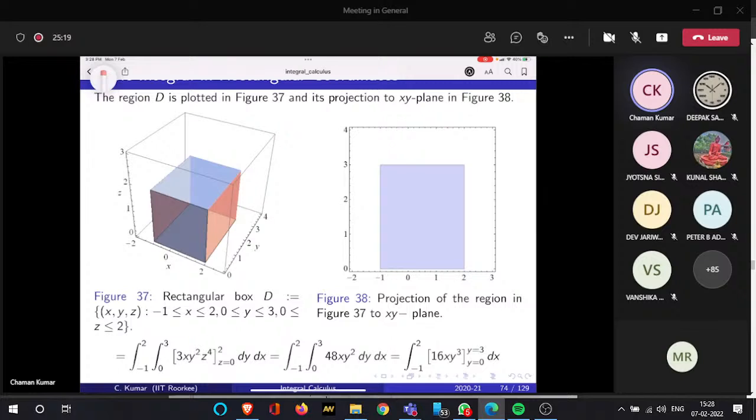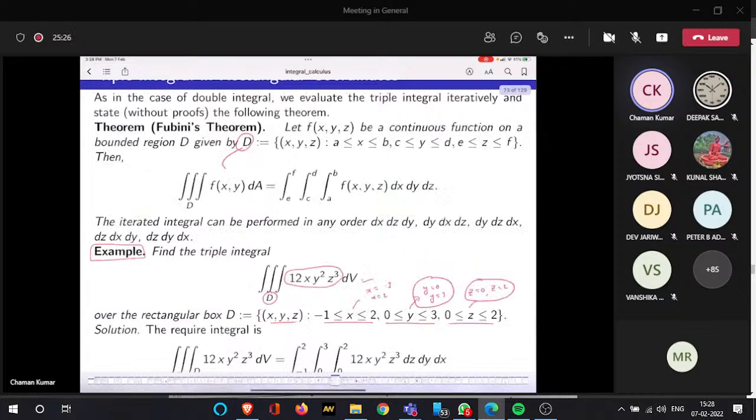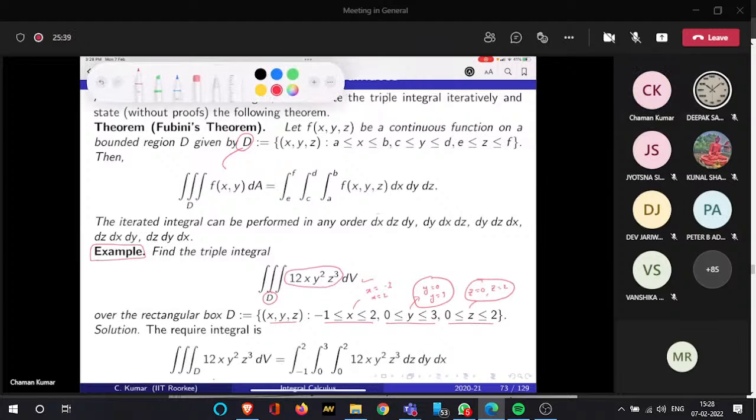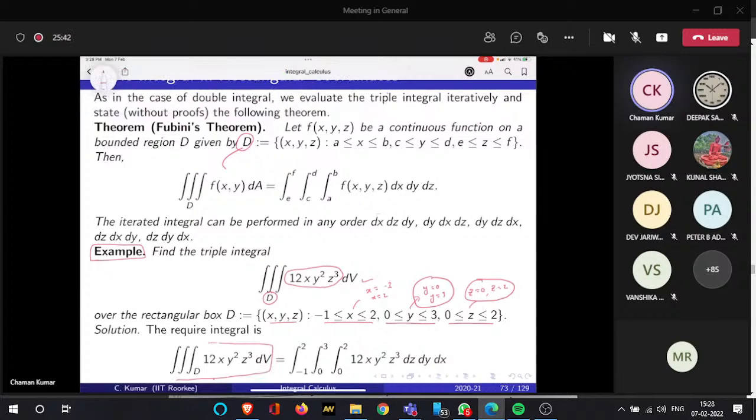Okay, so the triple integral in this case using the Fubini theorem over D will be equal to, as if you are integrating individually.